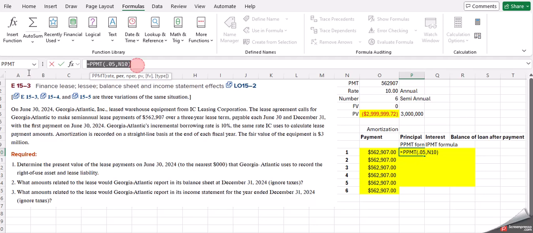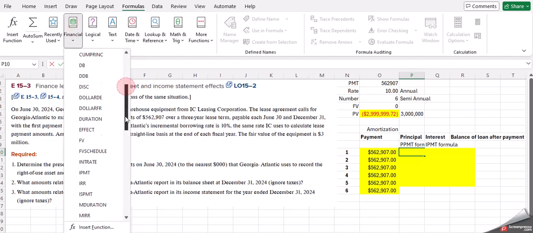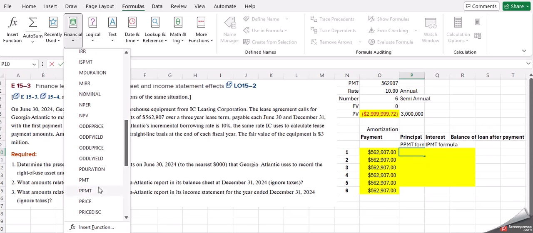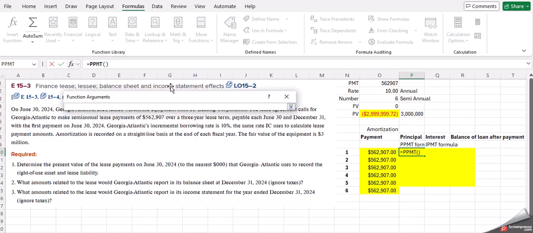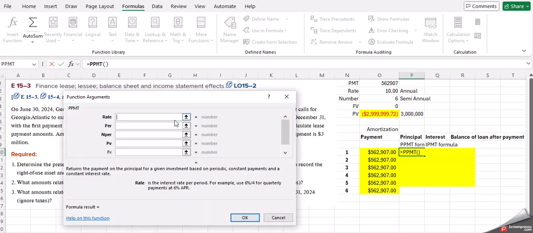Let me start it over so we can see it. So the rate is the 0.05 for half the year. The payment is going to be that cell.